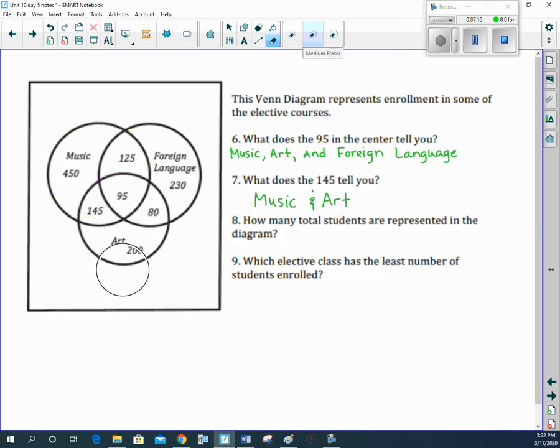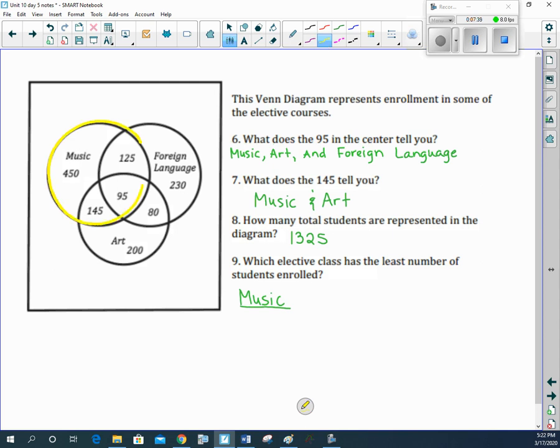Okay, how many total students are represented in the diagram? Once again, we'd have to add them all up. And if you add them all up, you end up with 1,325. So which elective class has the least number of students enrolled? Well, you'd first have to figure out how many people are in music. To do that, you would come over here and add up all the numbers in the music circle.